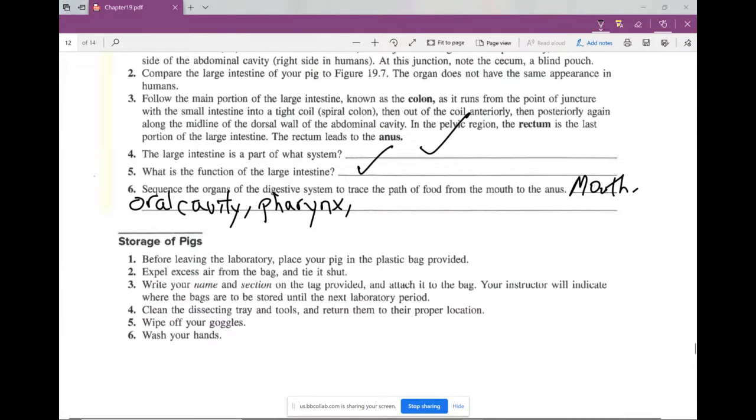Then we have the esophagus. Then we have the stomach. Small intestine.